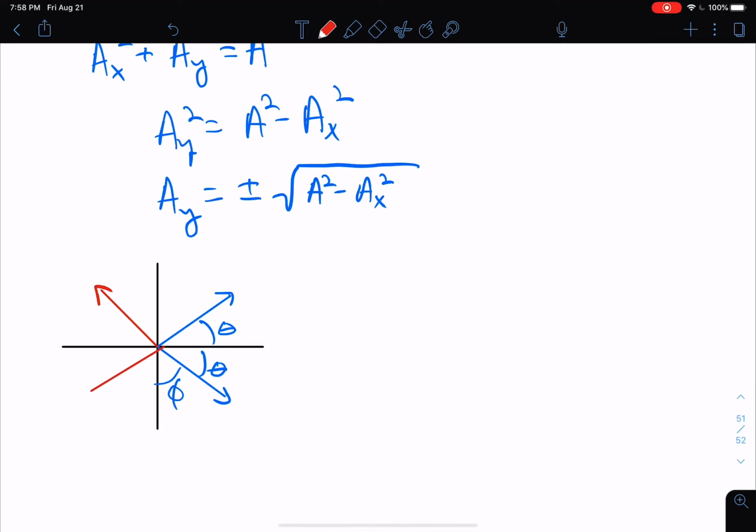Or it could be down here. There we go. So if my vector had a positive y component, then this is the negative of the vector. If my vector had a negative y component, then this is the negative of a. Yeah. So it helps to draw the vectors out.